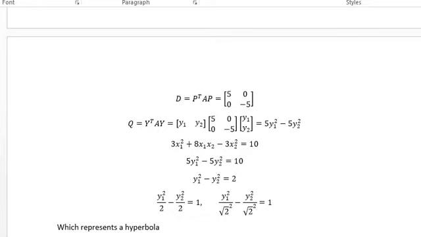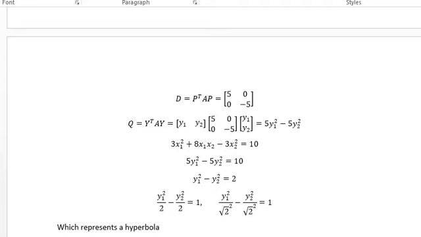Now let's see the equation. We write down the equation once again. 3x1 square plus 8x1 x2 minus 3x2 square has the canonical form 5y1 square minus 5y2 square. But our equation is equated to 10. That is, 3x1 square plus 8x1 x2 minus 3x2 square is equal to 10, which implies 5y1 square minus 5y2 square is equal to 10, which implies y1 square minus y2 square is equal to 2.